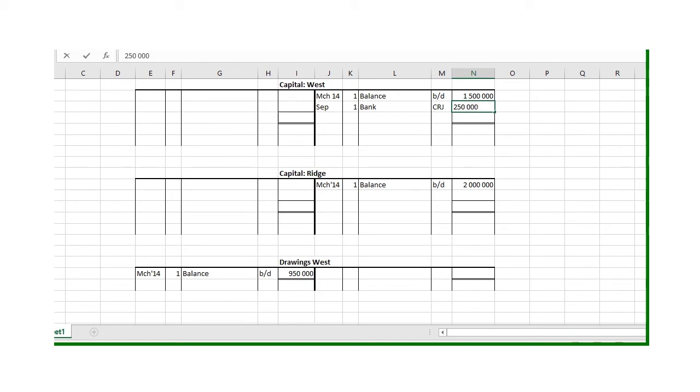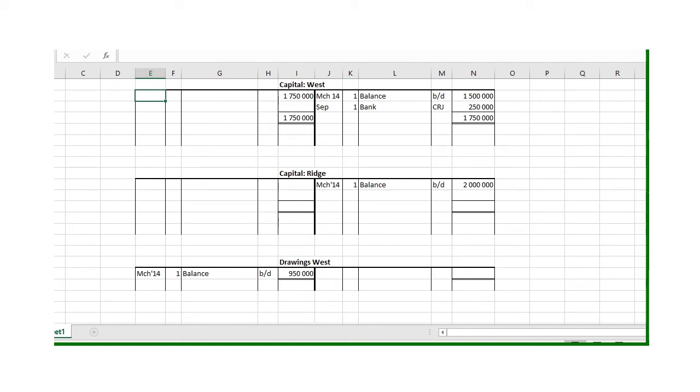We now balance his account, add to 1,750,000, which means that side must also be 1,750,000, which means his new balance is 1,750,000.